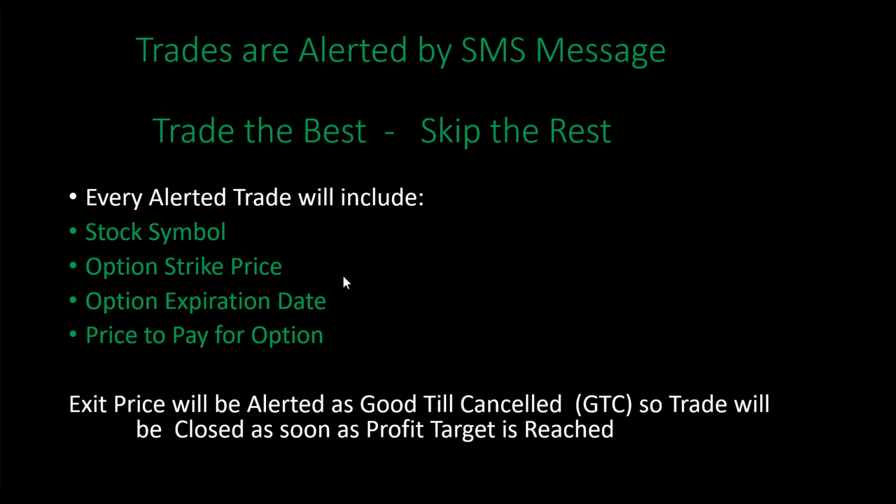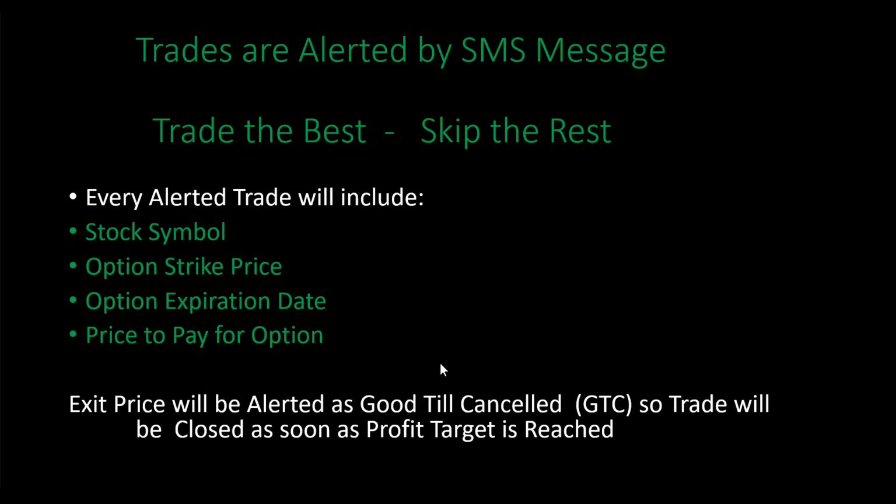And then you'll get an alert later, either later that day or 1 or 2 days later, when we've decided where we want to try to exit that trade. And when I give you the alert to exit the trade, I'm going to suggest that you make it GTC, or good till canceled, so that it's working when you're not in front of your computer, or when the market opens in the morning.